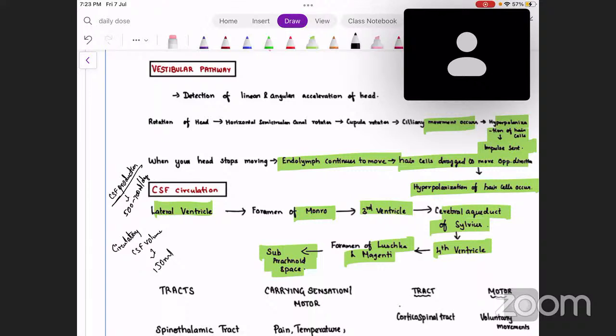Okay. So, what is the normal pressure of your CSF? 300 to 600 mm of Hg.